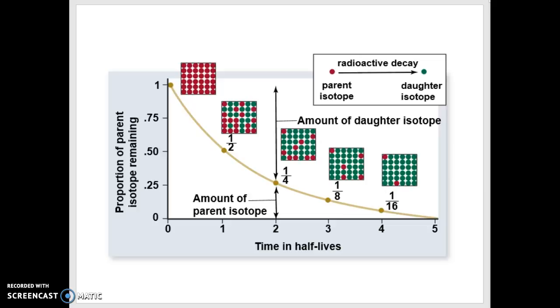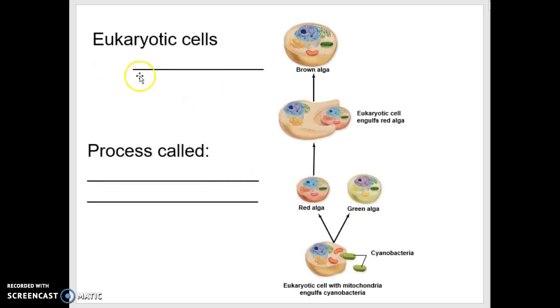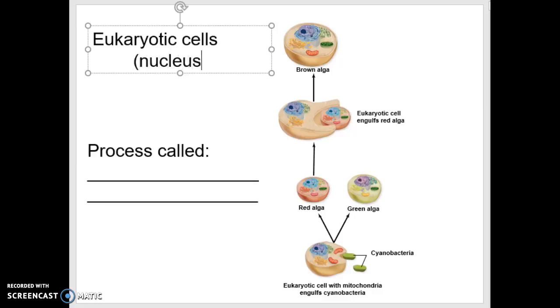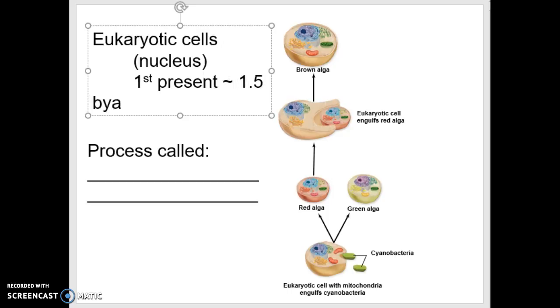Now, the first eukaryotic cells, these are cells with a nucleus. Okay, so now we're getting away from prokaryotic. Cells with the nucleus, these are estimated to have first arisen or become present about 1.5 billion years ago.